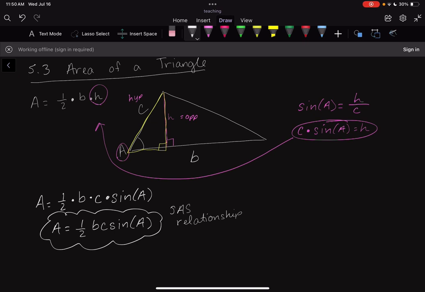If you write it differently, let's say I have sides A and B. So the angle between those would be C. And let's say that I have sides A and C. Then the angle between them would be B. So this is just a way to find the area of a triangle if all you have is some sides and an angle.